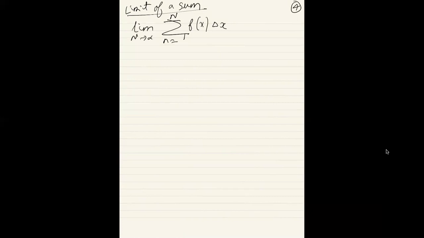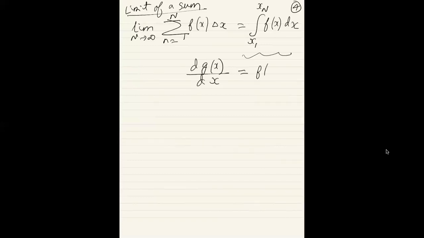What it says is that the limit of a sum of a function, going from n equal to 1 to N, f of x delta x, as capital N tends to infinity, can be replaced by the integral from x1 to xn of f of x dx, where in order to calculate this, all we need to do is to find the function g of x, differentiating which would have given us f of x.